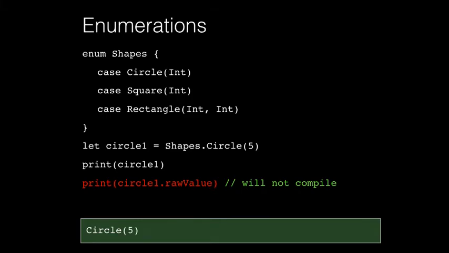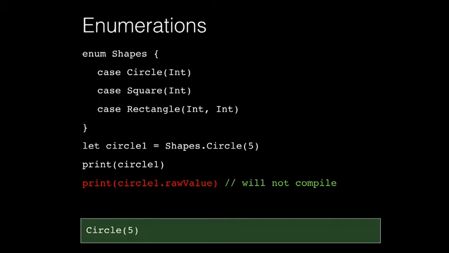Okay. This is one of the things that was kind of hard for me to grasp at first about enumerations. They can have what's called associated values. When you create an instance of the enumerated value, you assign numbers, in this case, to the associated values.